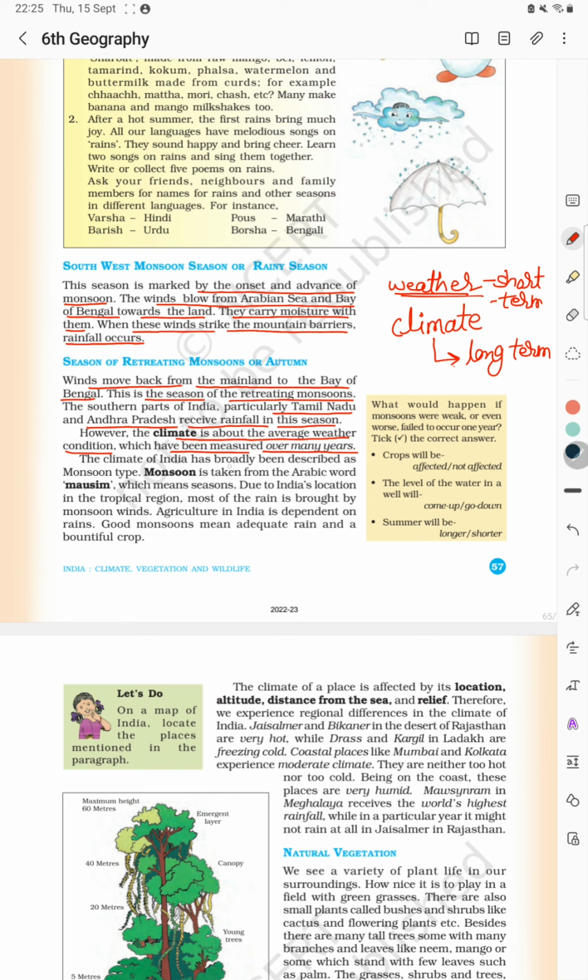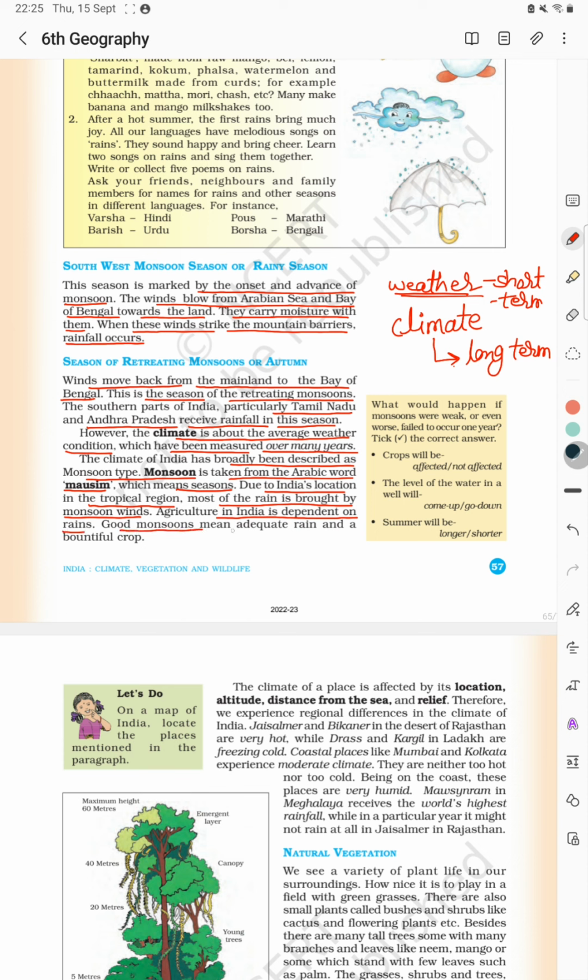The climate of India has broadly been described as monsoon type. Monsoon is taken from the Arabic word mausim, which means seasons. Due to India's location in the tropical region, most of the rain is brought by monsoon winds. Agriculture in India is dependent on rains.